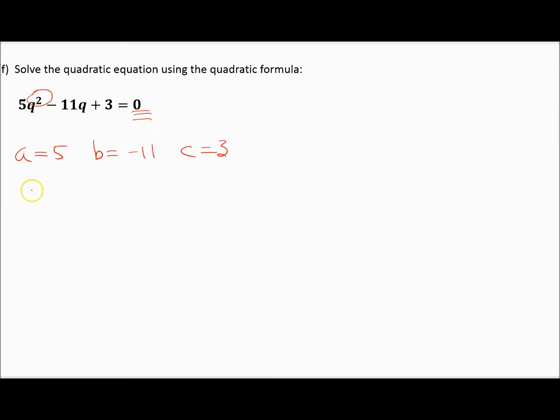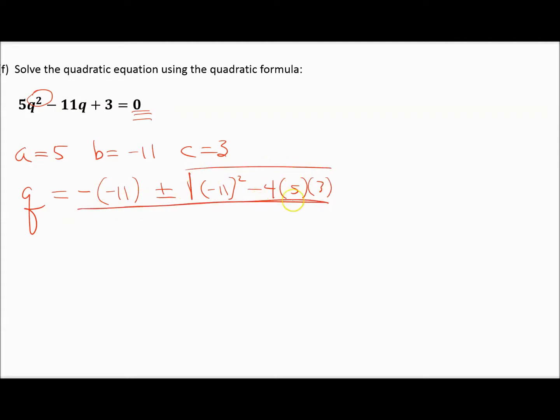So in my formula, I have q equals negative B, so negative of a negative 11, plus or minus the square root of negative 11 squared, minus 4 times A, which is 5, times C, which is 3. And this is all divided by 2 times 5.